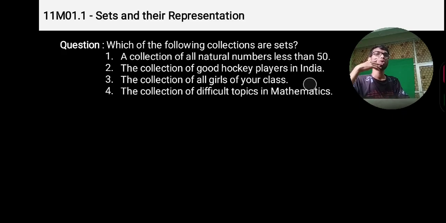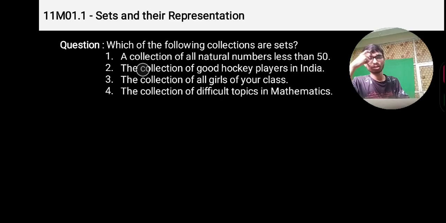Now next, the collection of good hockey players. We saw that good is not well defined, so this will not be a set.